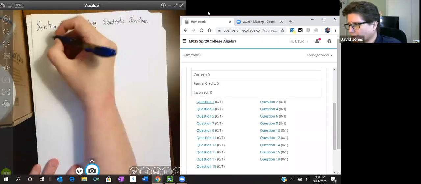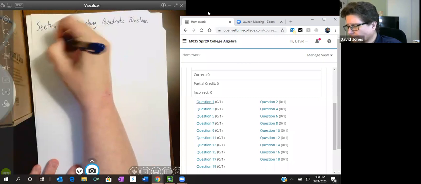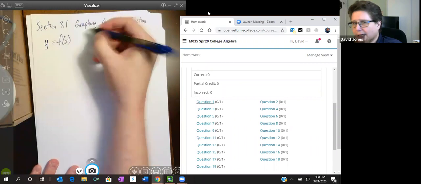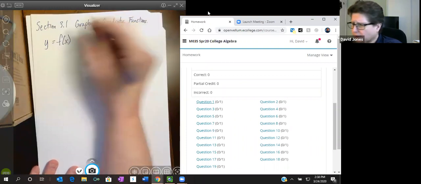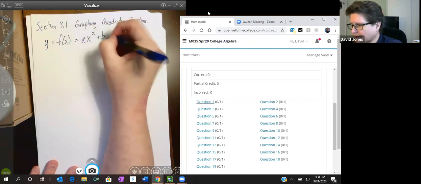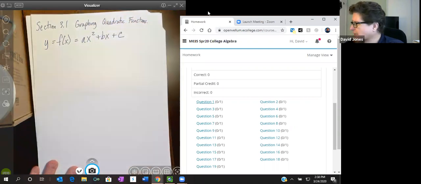We start off with, well, we usually say f of x, but recall that's the same thing as y when we're graphing. Ax squared plus bx plus c. That's a common form to start in. It's not usually one of the easiest ways to graph it.